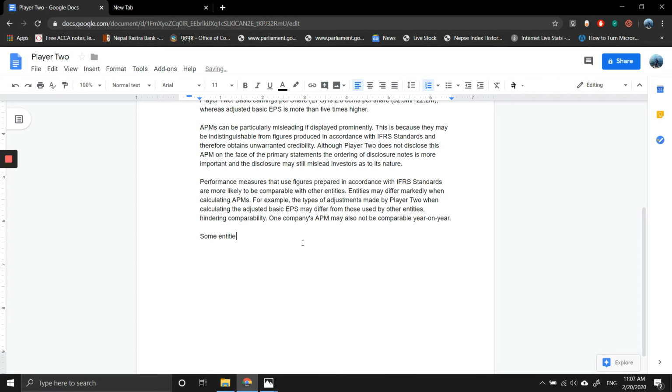Some entities do not reconcile their APMs back to the financial statement. However, this criticism does not apply to Layer 2.